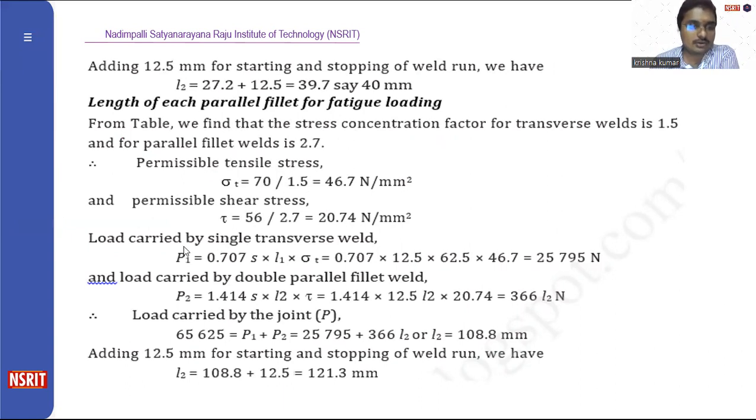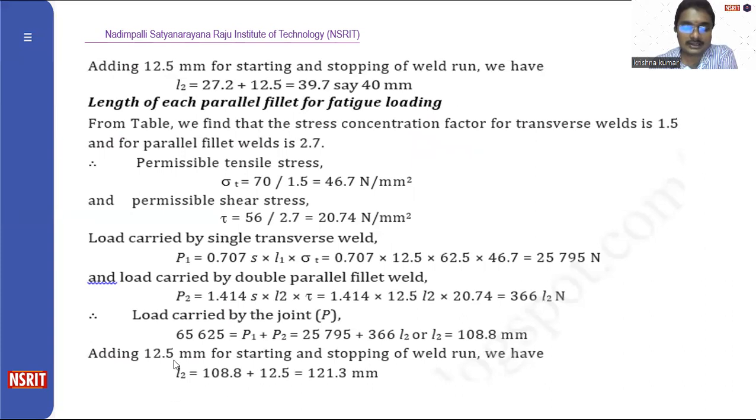The load carried by the single transverse weld, P1, is 25,795 newtons. The load carried by the double fillet weld, P2, is 366 L2 newtons. The load carried by the joint is P1 plus P2, giving 108.8 mm.